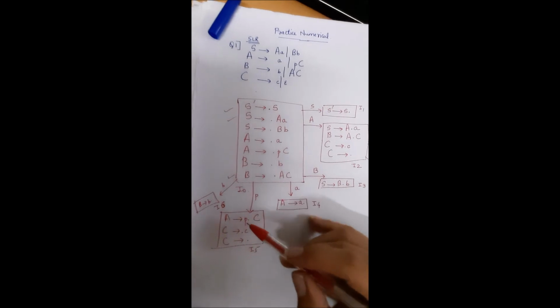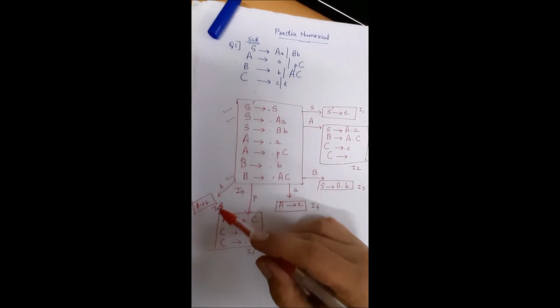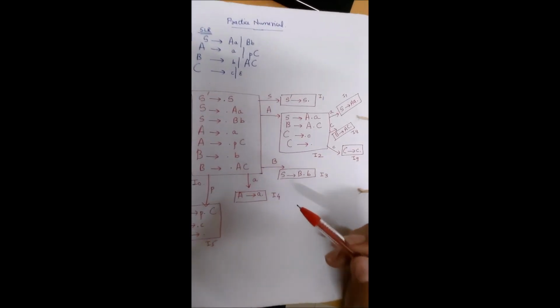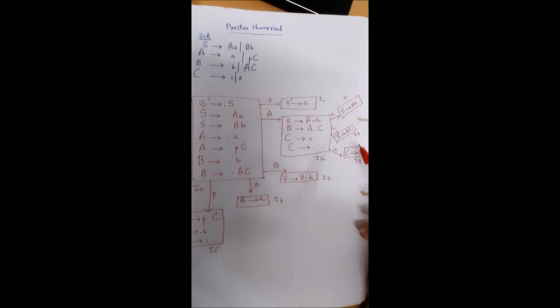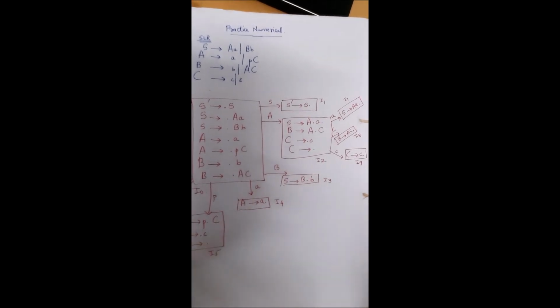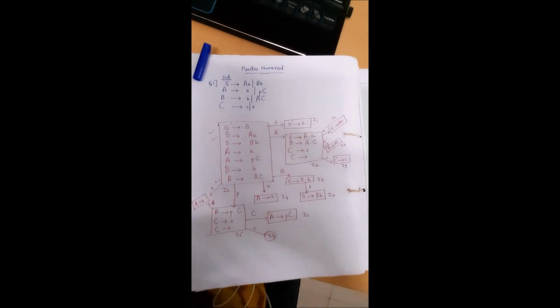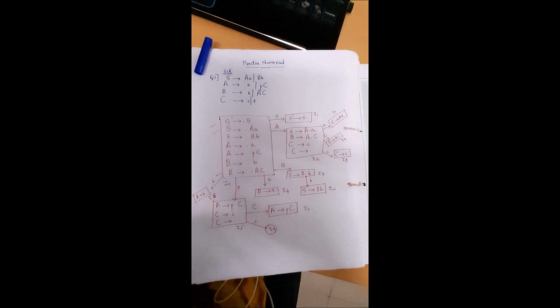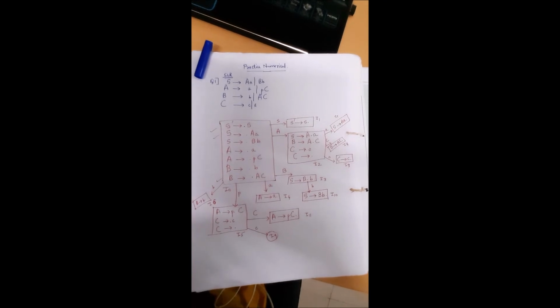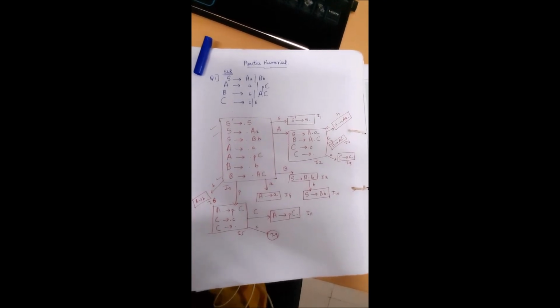This is already done. I6 is complete. Then we'll go to I7, which is done. I8 is done. I9 is done. So after complete construction, we will have 11 states.